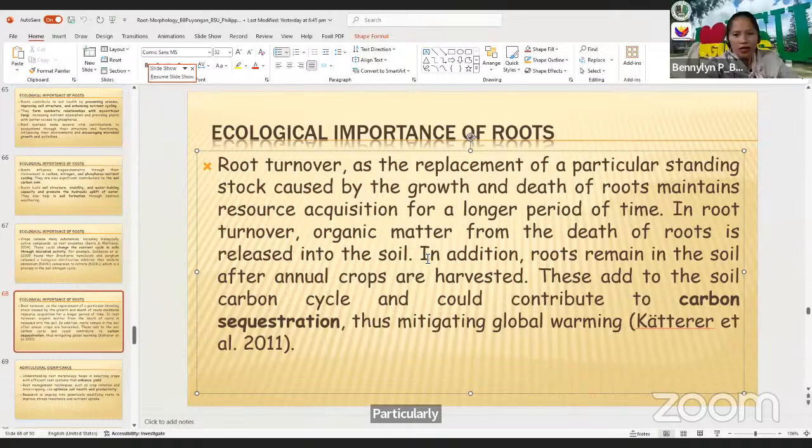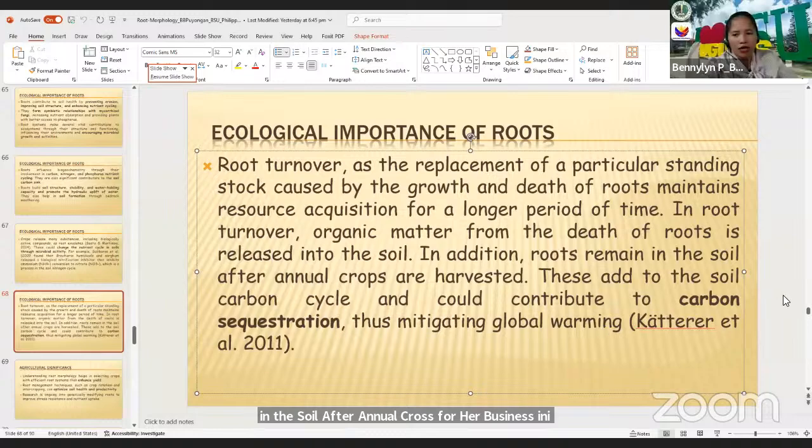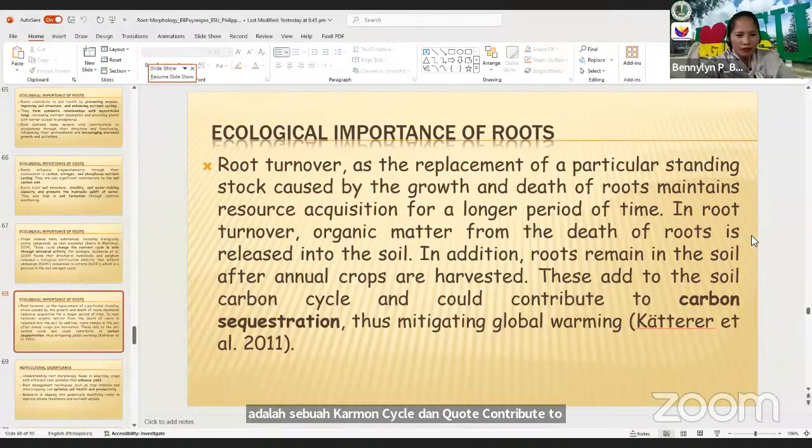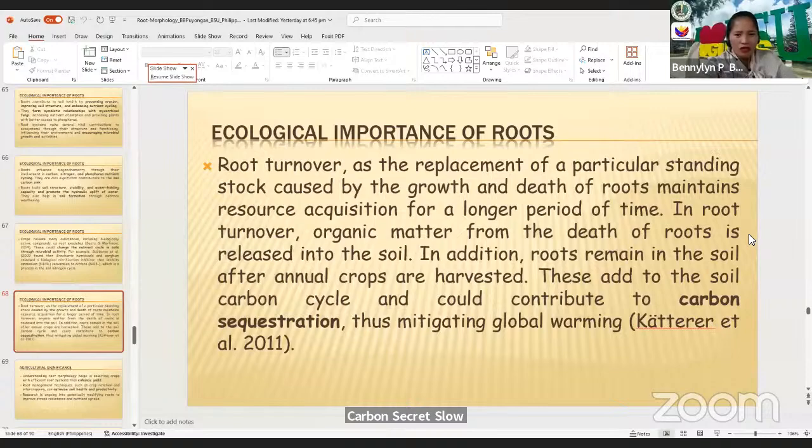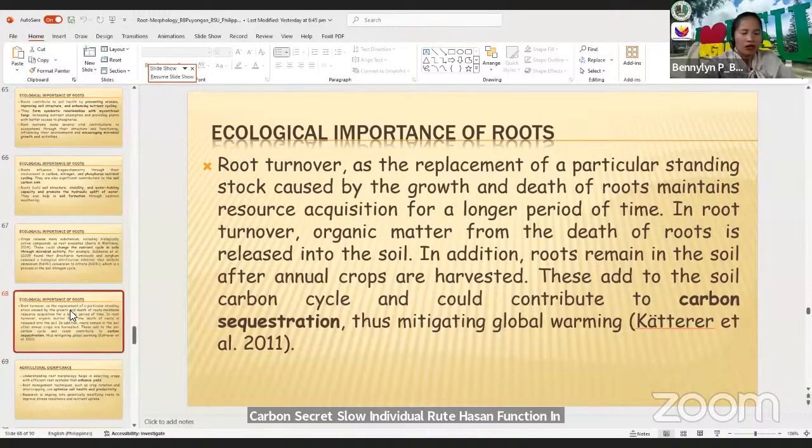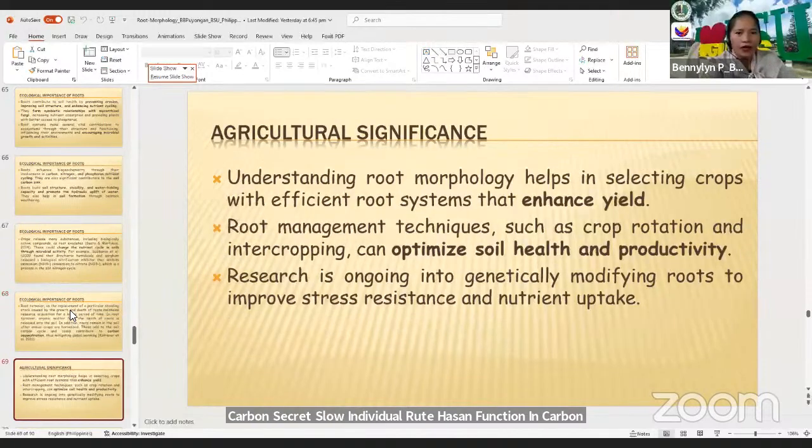In addition, roots remain in the soil after annual crops are harvested. This adds to the soil carbon cycle and could contribute to carbon sequestration, thus mitigating global warming. So, indeed, the root biomass, the root exudates, has function in carbon sequestration through the root turnover.